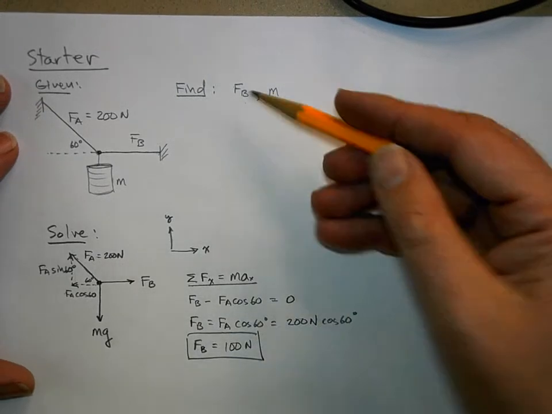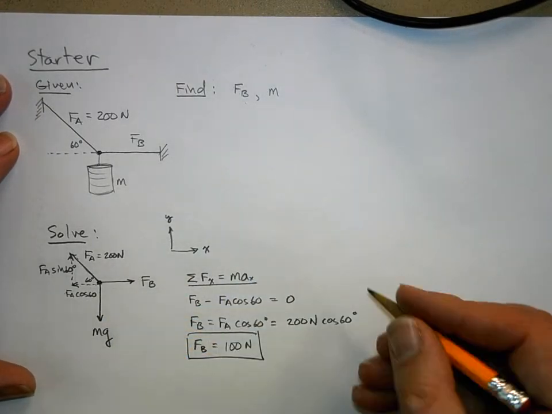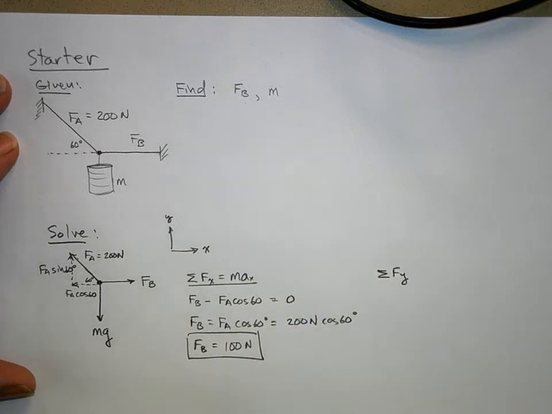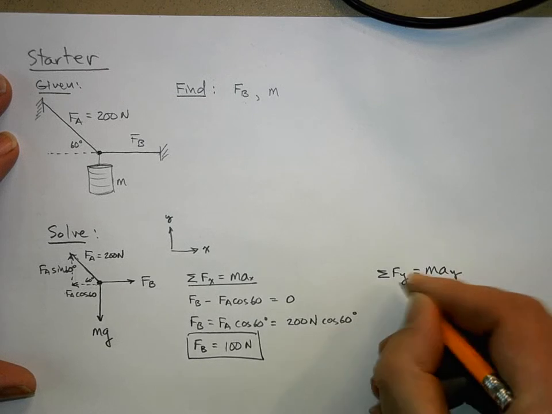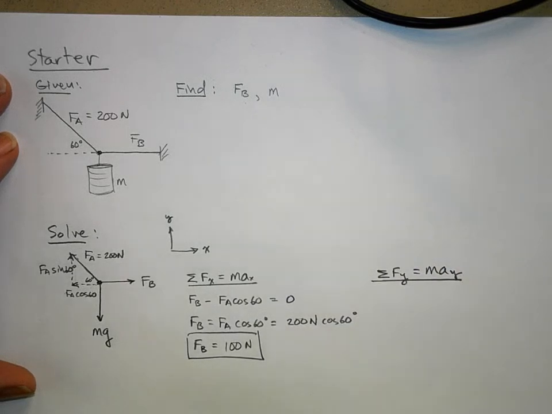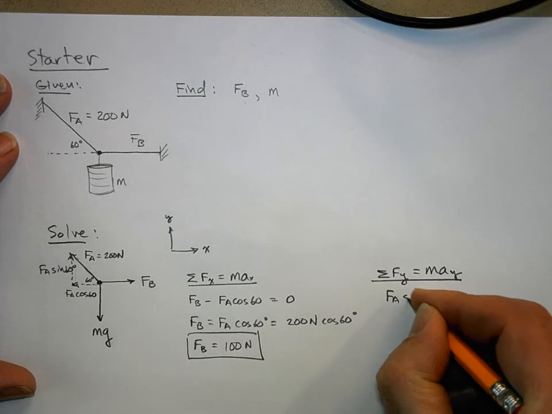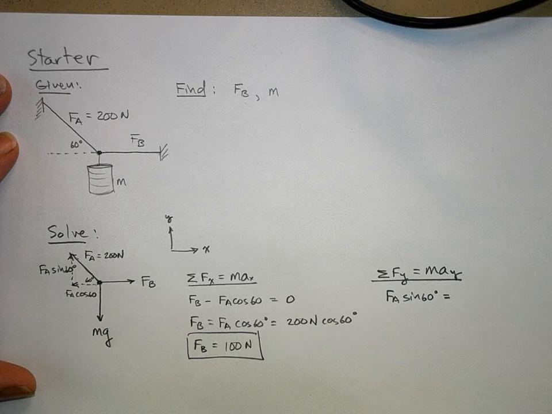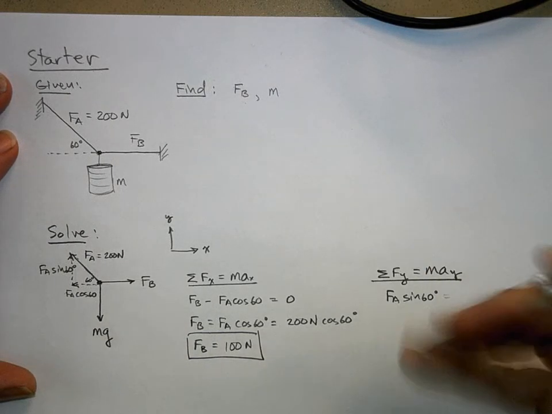Now we need to find the mass. Well, the mass is in the weight, and that's in the Y direction. So let's sum the forces in the Y direction equals MA in the Y direction. And I look in the Y direction, and I've got FA sine 60. This is what's pulling up.